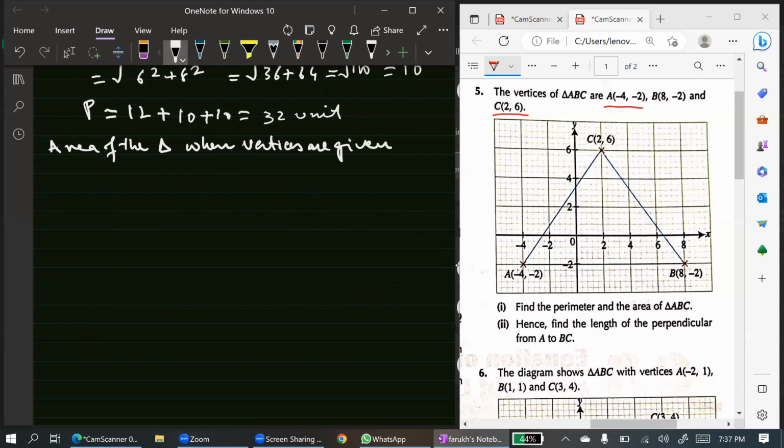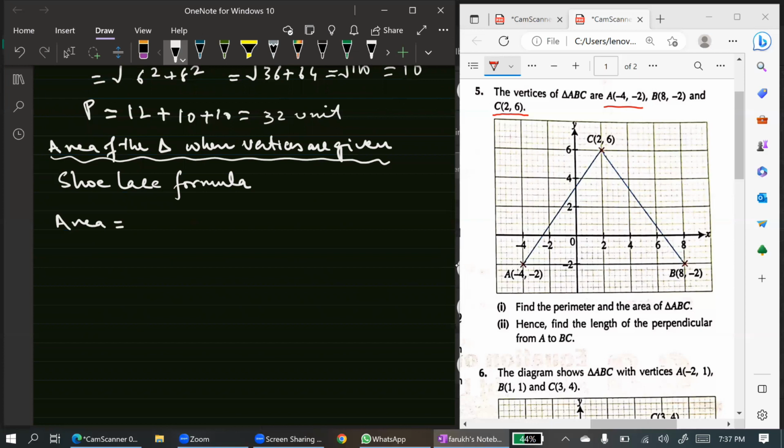This formula is known as the shoelace formula. Area is equal to half. We will write down the coordinates of A, B, C and repeat the first one, A.